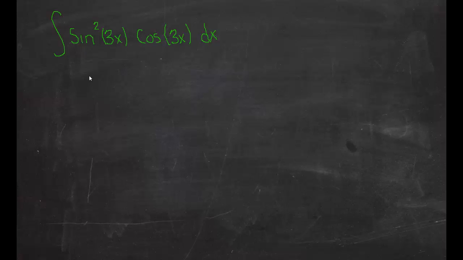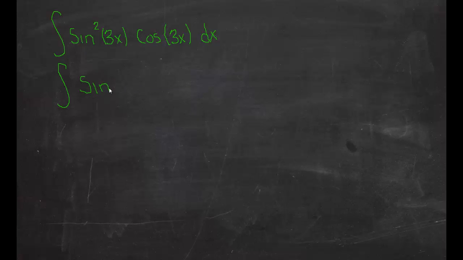So what I like to do anytime I see sine squared or any type of trig function squared is just to go ahead and rewrite, and that way we will be able to see exactly what we need to label or assign for the u term.